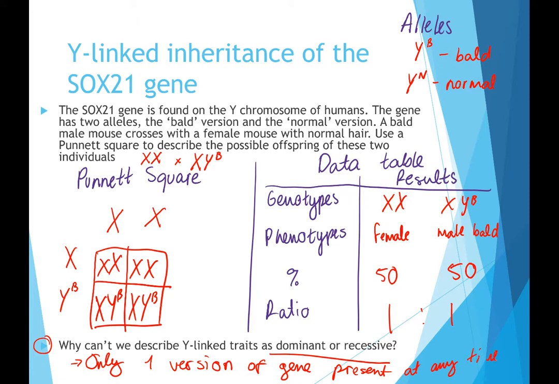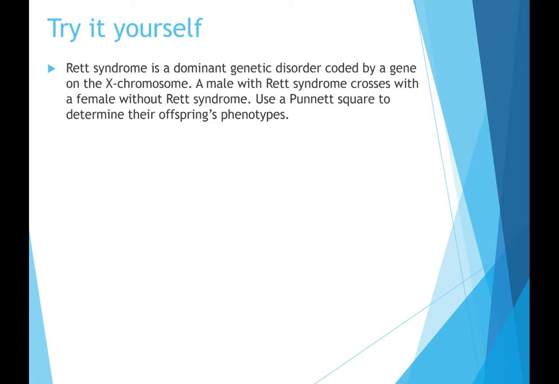Okay, we've only got one Y chromosome in males. Females don't have one at all. So it's not like you can go and turn around and compare YB with YN. Okay, you're never going to have this genotype. It's not existent. Okay, so that's why there's no recessiveness and dominance in terms of the Y-linked inheritance.